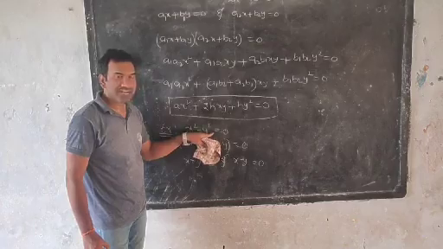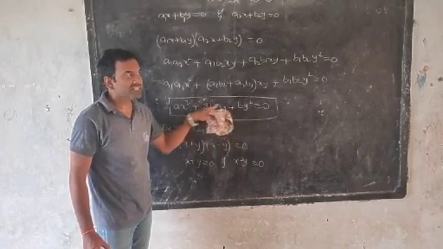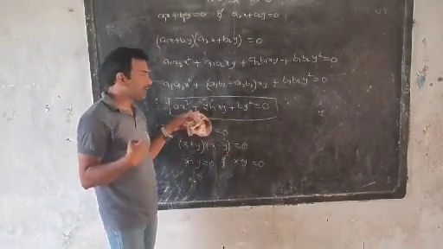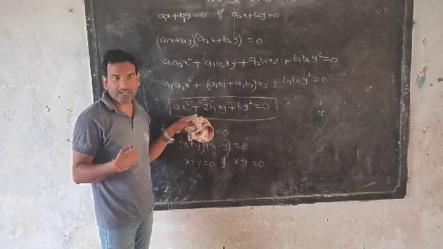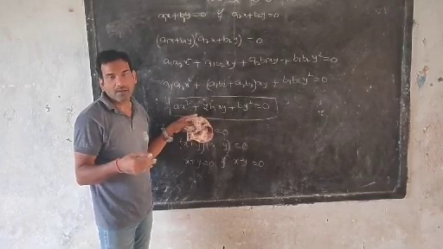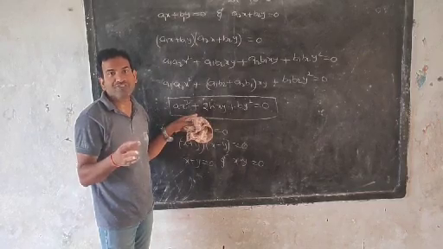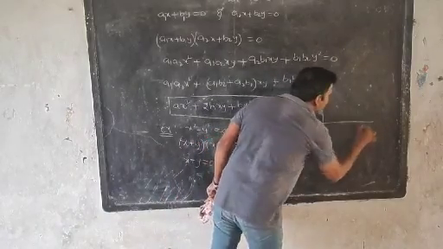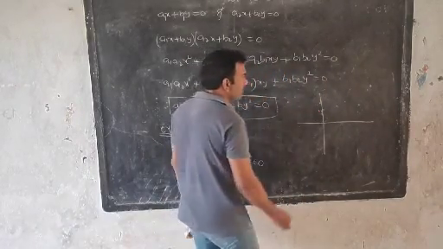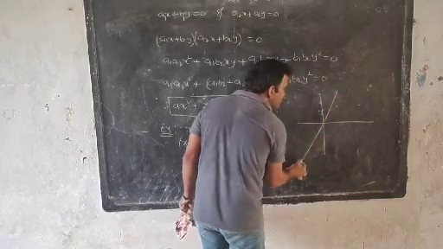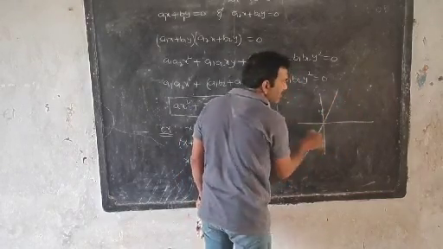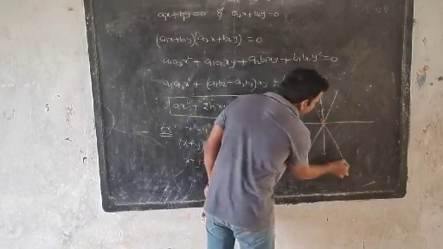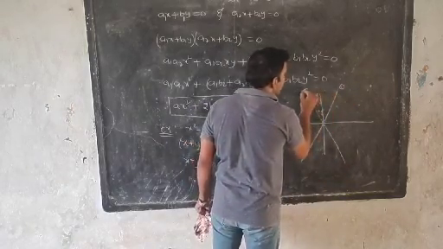Compulsorily our standard form is like this. That means if this type of form is given, we have to conclude that it represents a pair of straight lines. That means the product of straight lines represents two straight lines which are passing through the origin. The diagram is like this. We have to take two straight lines. This is one straight line, you can take here, whatever it may be. Compulsorily the second straight line is also passing through the origin. For example, this is the first equation, this is the second equation.